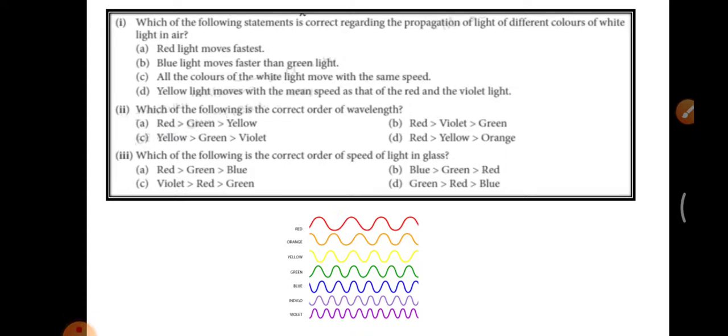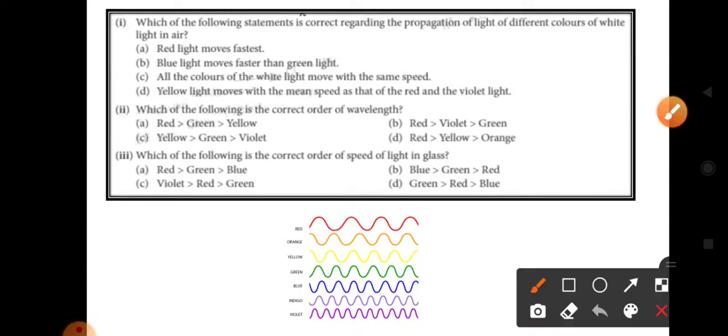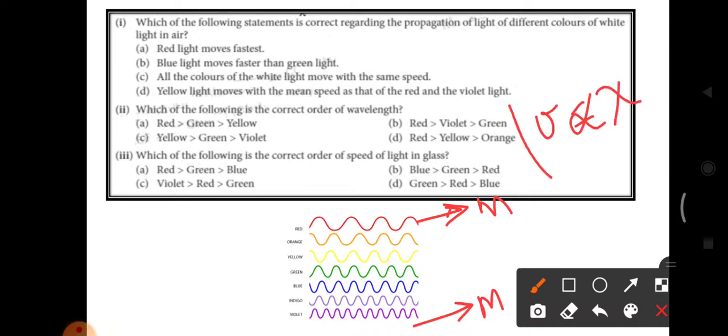Which of the following is the correct order of speed of light in glass? The red has maximum speed and violet has minimum speed because the speed is directly proportional to the wavelength.